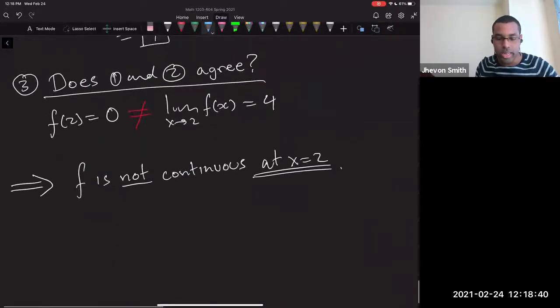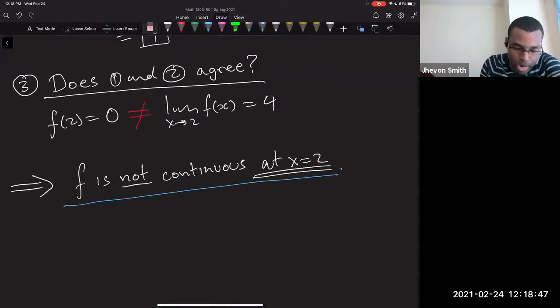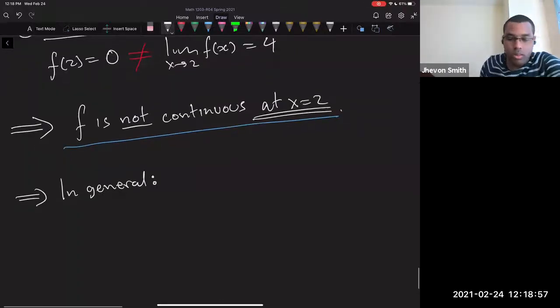Then I just discovered now, at 2, we are not continuous. So now I can make a general statement. What would I be able to say in general? What is the final conclusion?